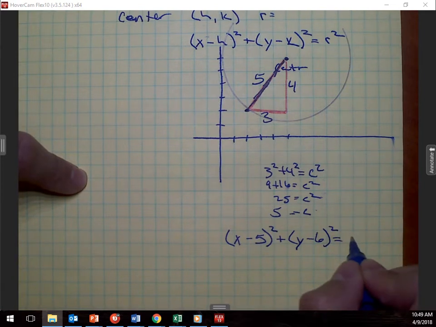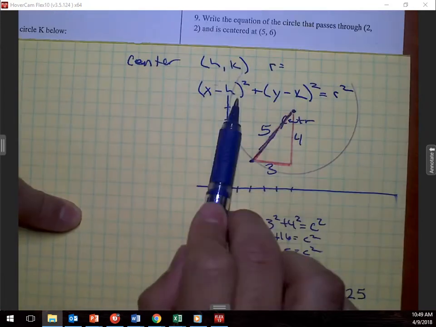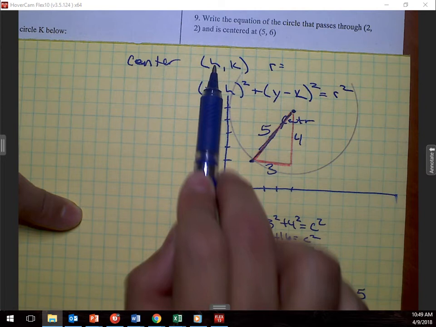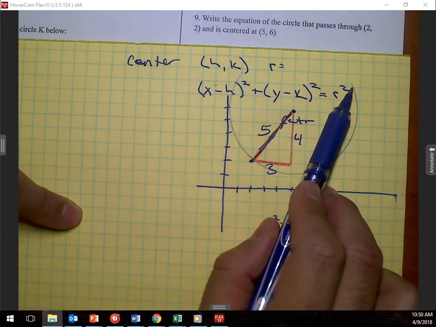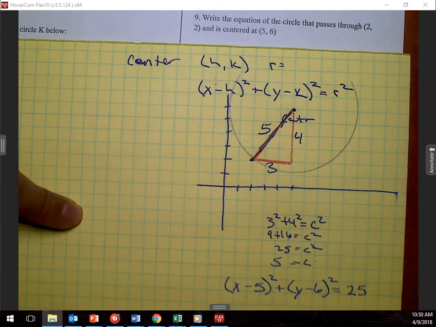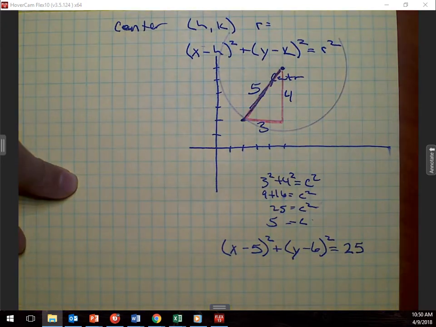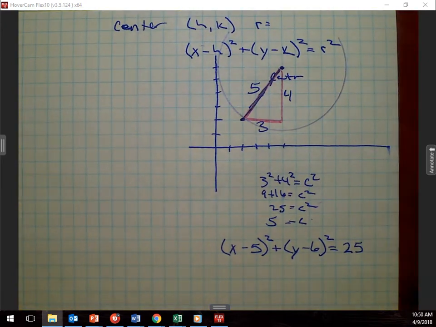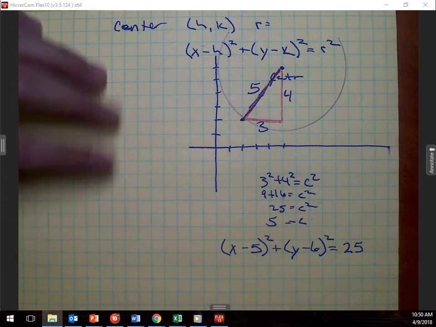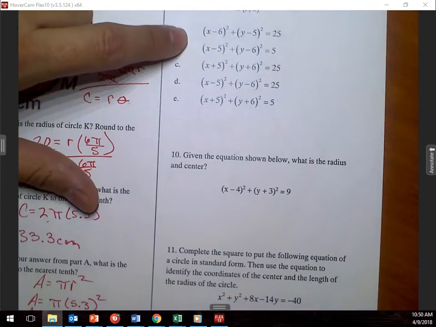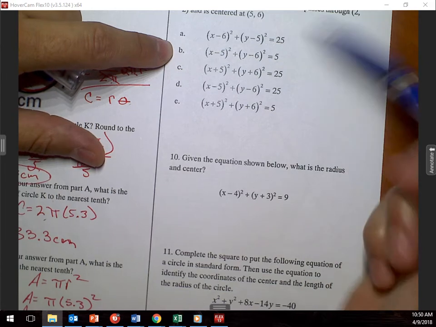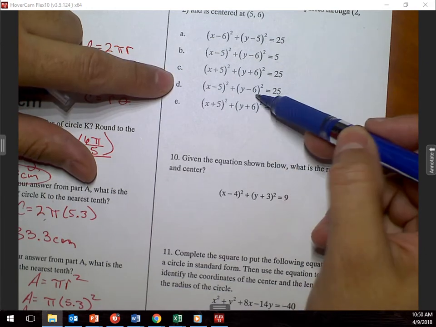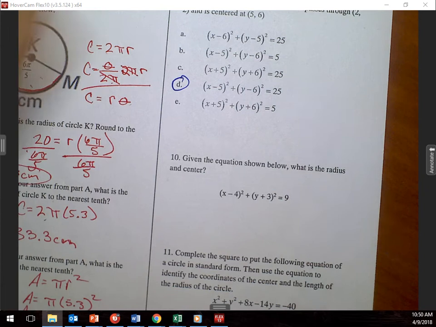So what is 5 squared? 25. So I had the center here and here. My radius goes out on this side, and it's always squared. So right here, I have x minus 5, y minus 6, and 25. The answer is going to be D.